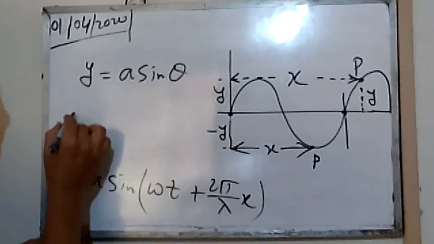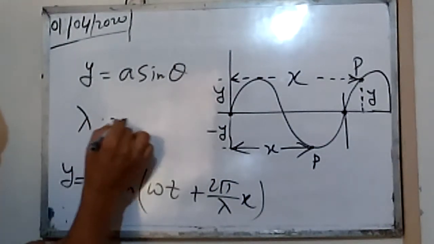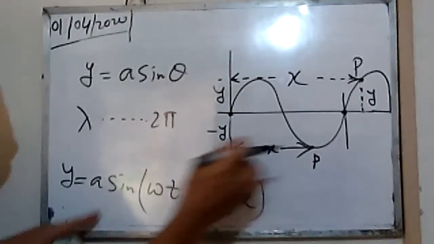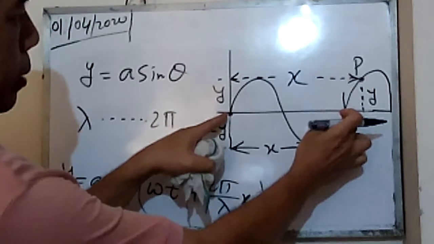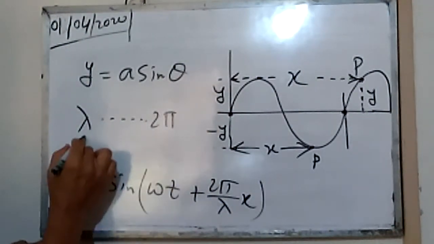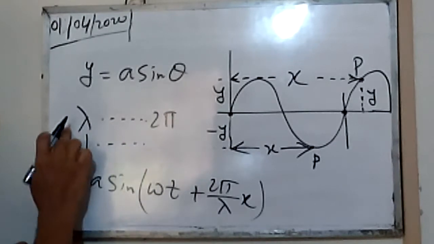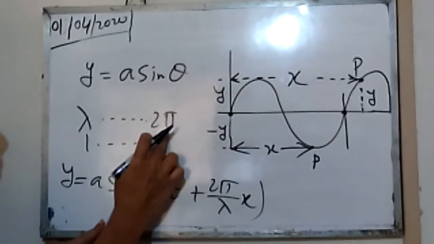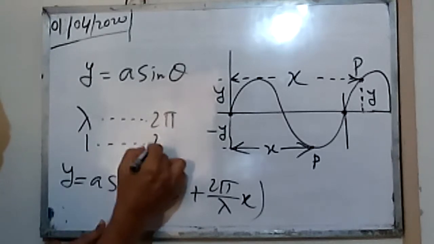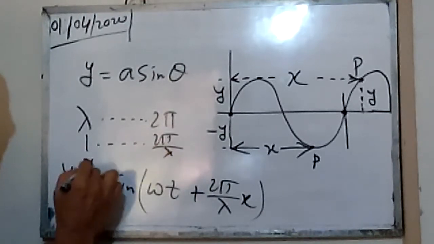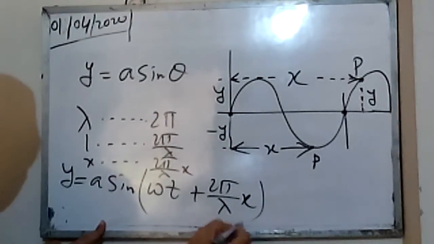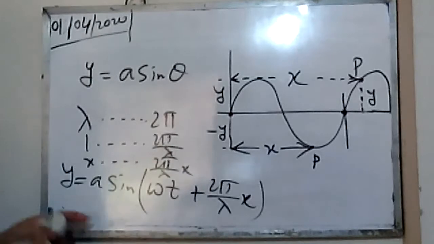For a complete wave we will get lambda. For a complete wave the phase angle will be 2 pi. Then for lambda distance, the phase difference is 2 pi. For a unit distance, 2 pi by lambda, then for x distance, 2 pi by lambda x. This is actually this one, 2 pi by lambda x.